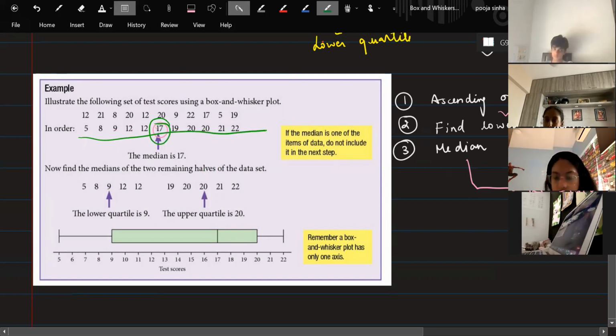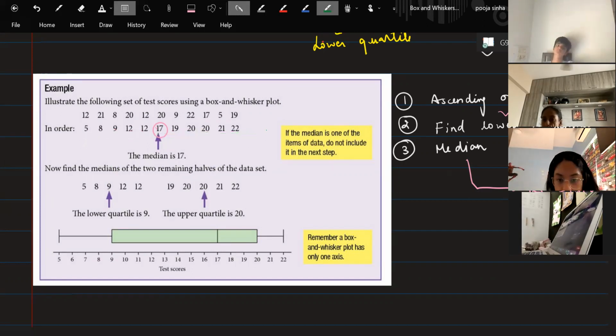But we can't be doing this all the time. If I have a lot of data, then what will I do? We have a formula for that also.